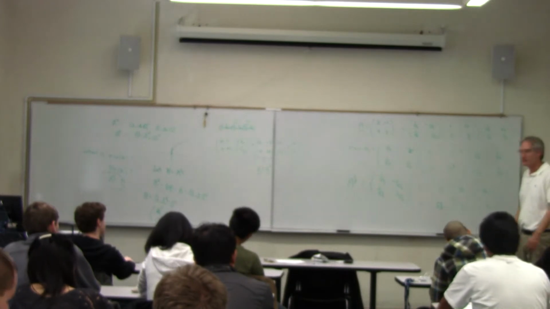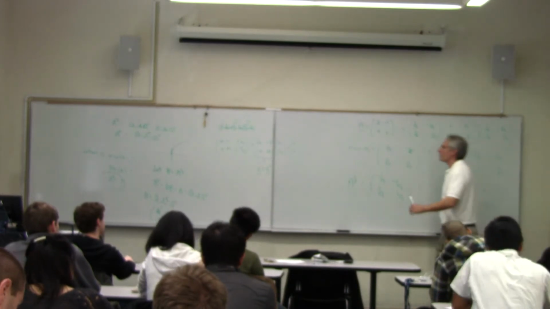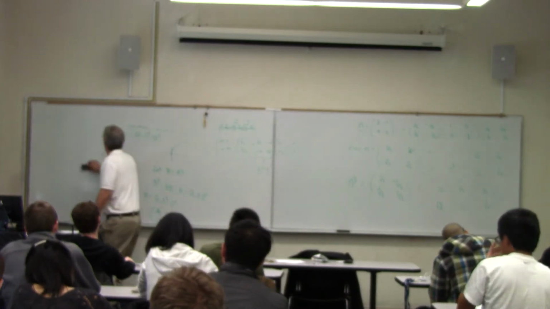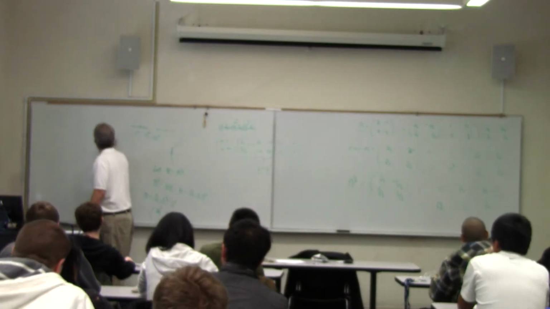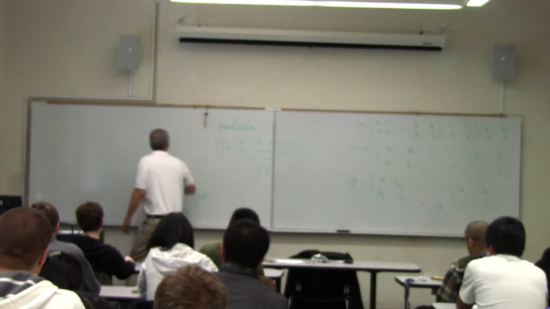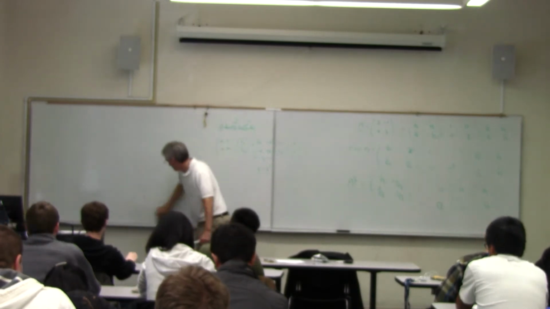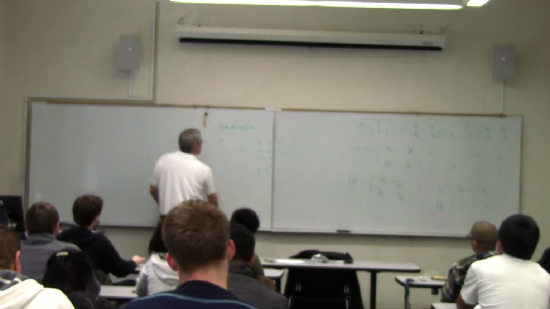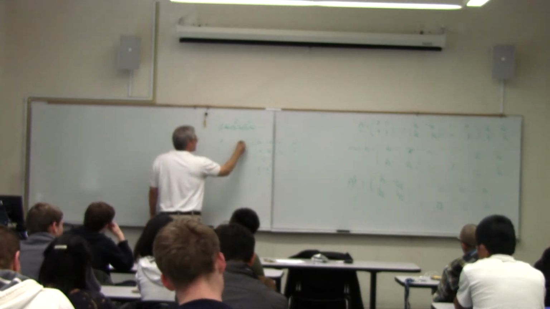Okay? Okay, so what is all this good for? Well, let's go back to our problem, m x double dot plus k x is equal to 0. This one right here. So this is a good example to keep.